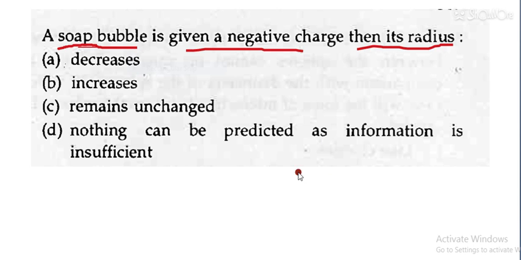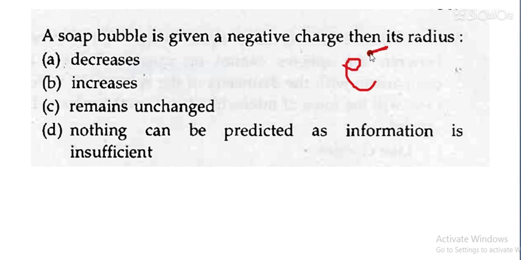Whenever we give some negative charge, that means giving additional charge, and giving additional charge means giving electrons to a body. Suppose earlier a body has only 2 electrons, in the first orbit there are 2 electrons.